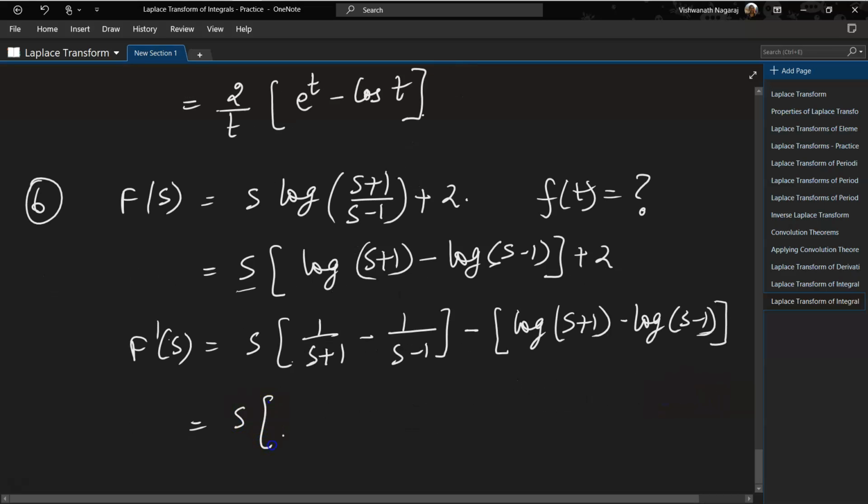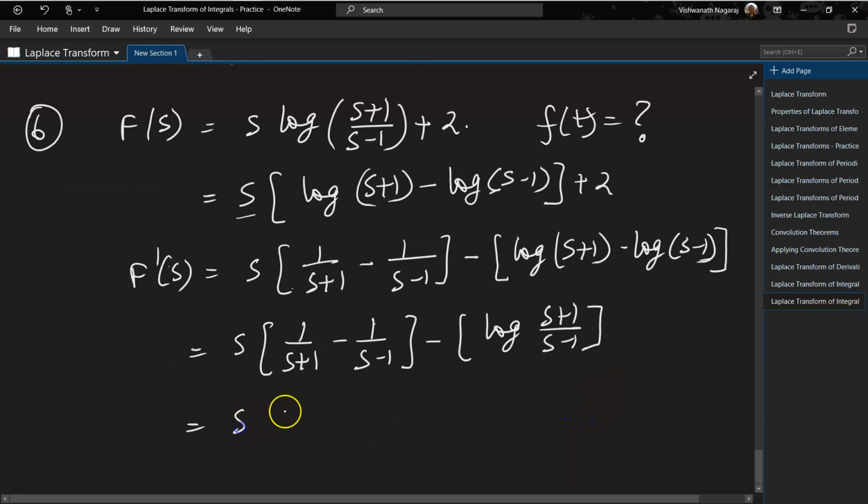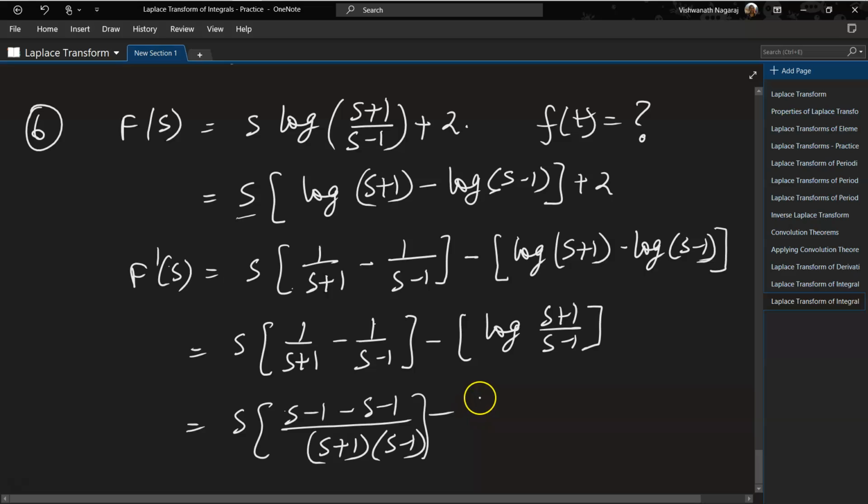Now s times 1 by s plus 1 minus 1 by s minus 1, minus, this can be written as log of s plus 1 by s minus 1, which is equal to s times s minus 1 minus s minus 1 by s plus 1 times s minus 1, minus log of s plus 1 by s minus 1.